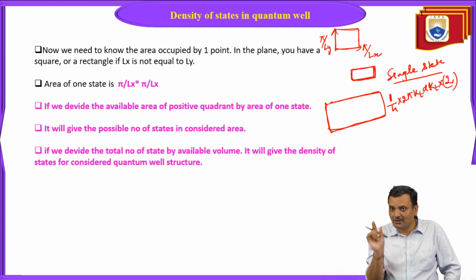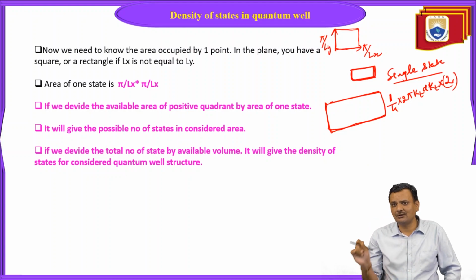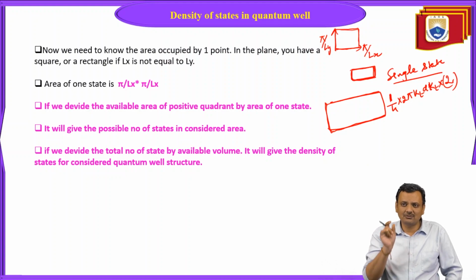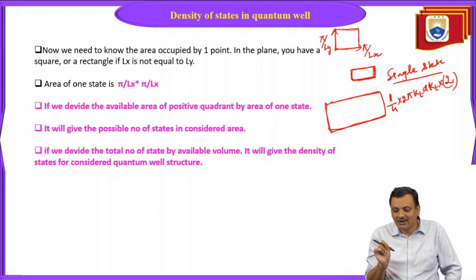So what will be the least possible value of kx? It is pi upon Lx. What will be the least possible value of ky? It is pi upon Ly. Then what will be the area of the least possible state, which is governed by these wave vectors kx and ky?